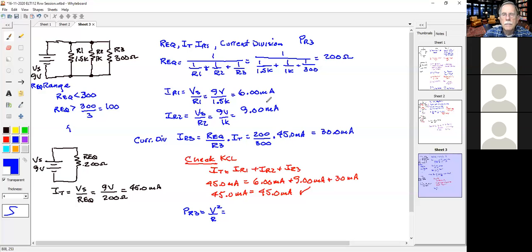Even though we checked it, if you calculate I wrong, you've got definitely wrong power. So I would definitely use this: 9 volts squared divided by 300. So 81 divided by 300 is 270 milliwatts.